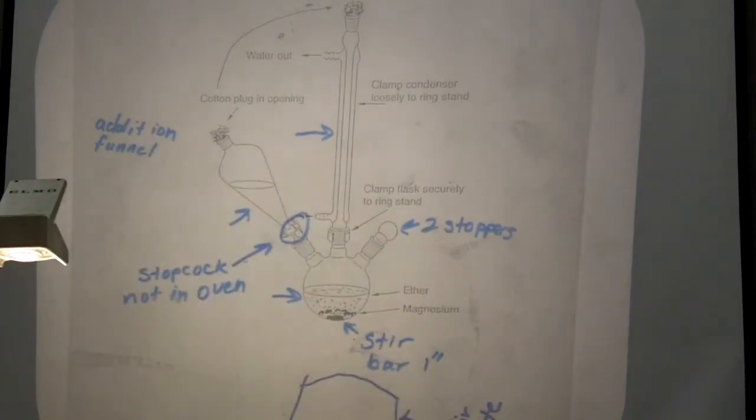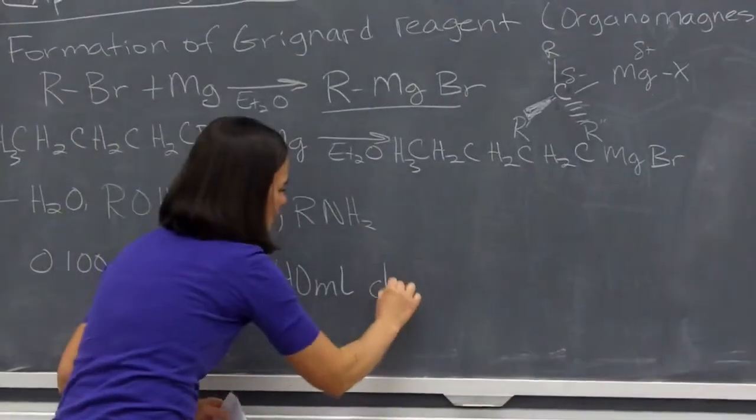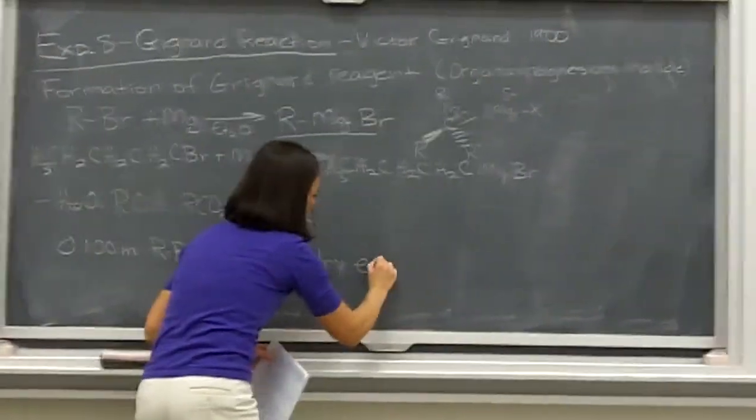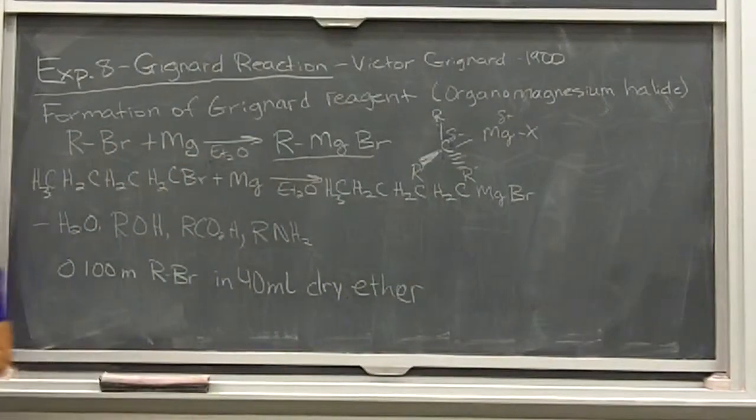Your lab manual tells you you need 0.1 moles of your alkyl bromide in 40 milliliters of dry ether. Okay?